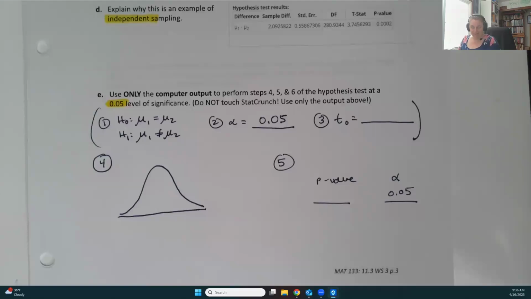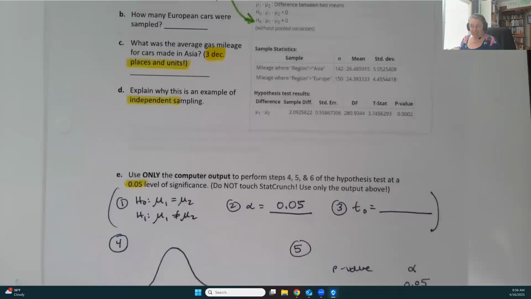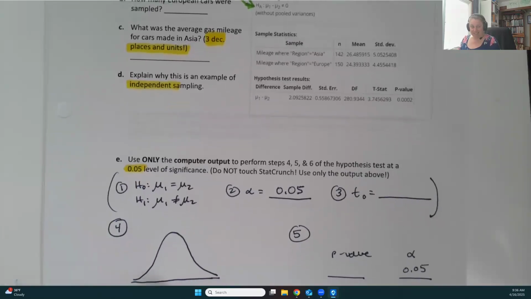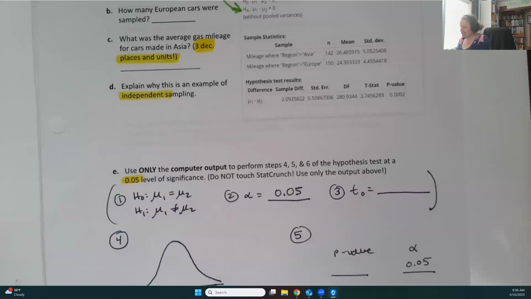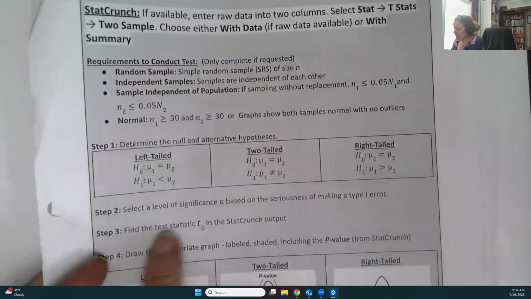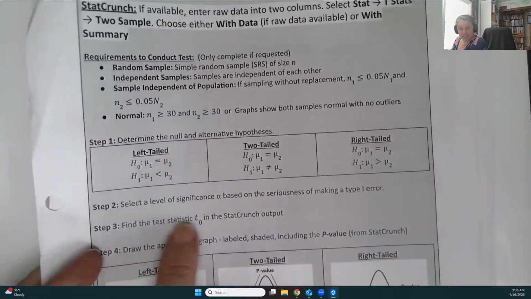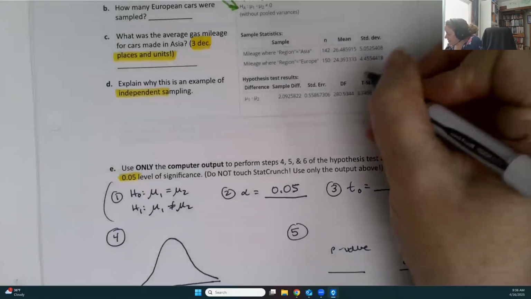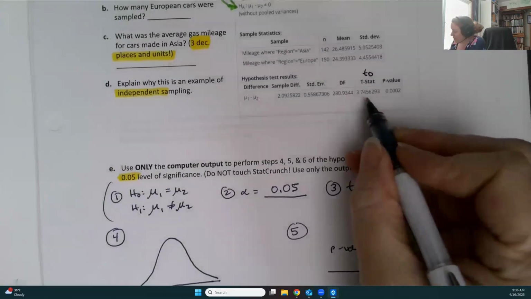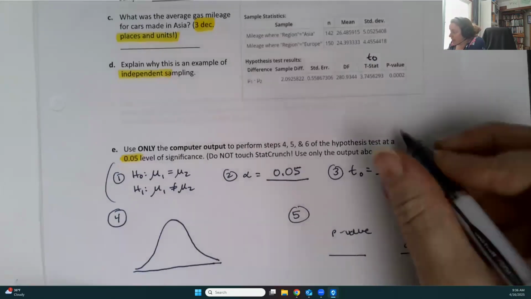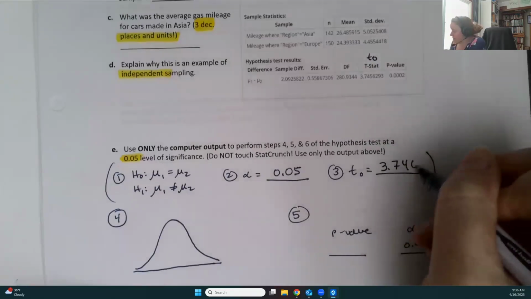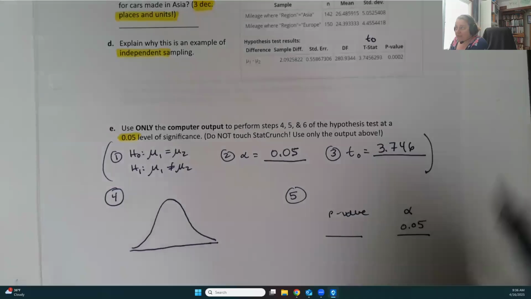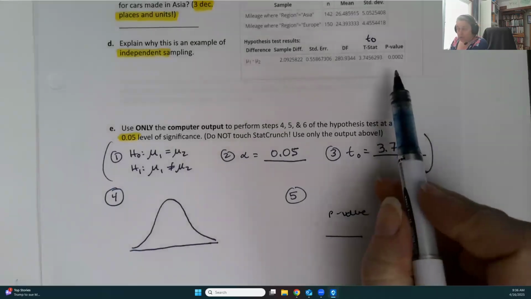It's in the output. Just look for it. What's the T-stat? Because that's what the test statistic is. Test statistic is T0. It's called T-stat in StatCrunch. So T0 is this guy right here. It's 3.746. And the p-value is 0.00002.